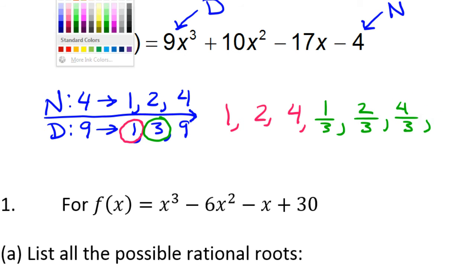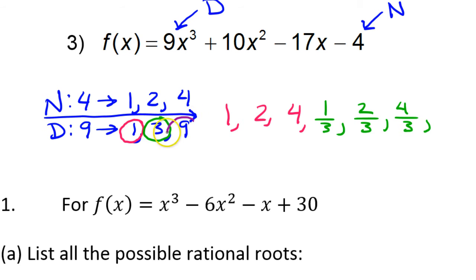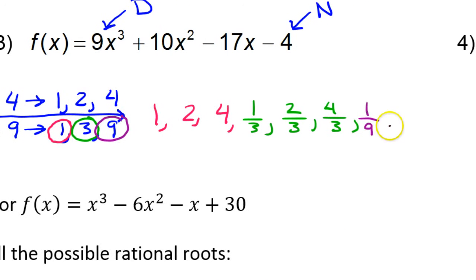Okay, now I'm going to move on and use the denominator of 9. So that's 1 over 9, 2 over 9, and 4 over 9.